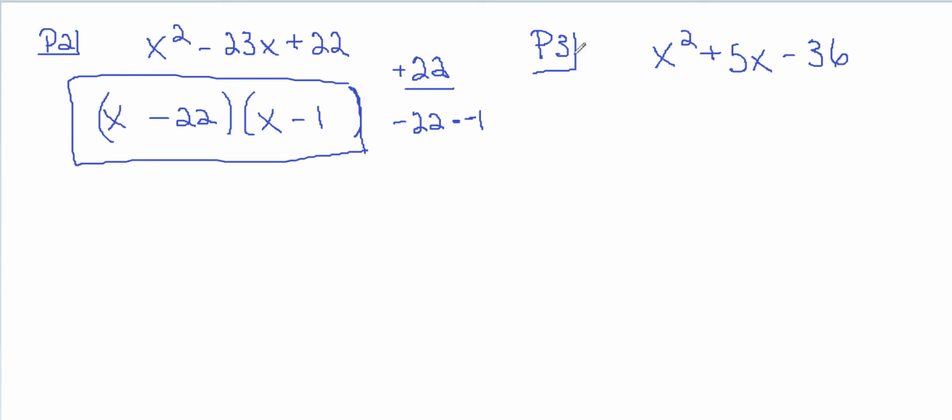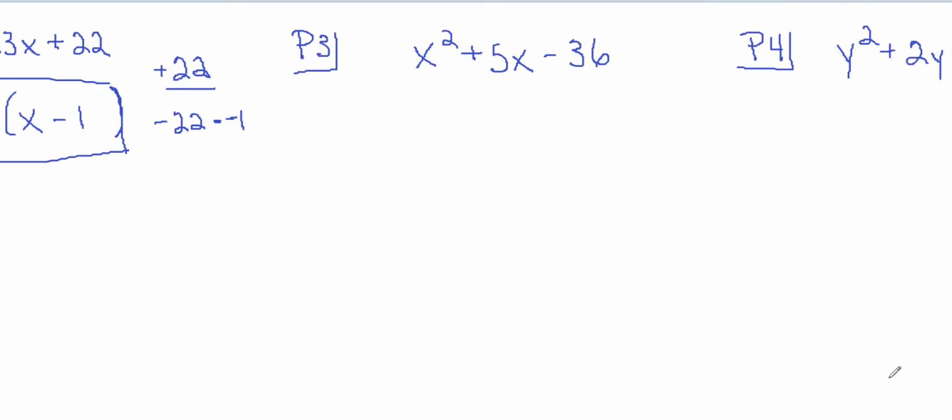Over here to practice problem 3. Let me scoot it over just a smidgen here. So again, I'll set up my parentheses, x and x. This time I've got negative 36. I'm going to write it down here, negative 36. And what are my factors? It'll give me a 5 in the middle.